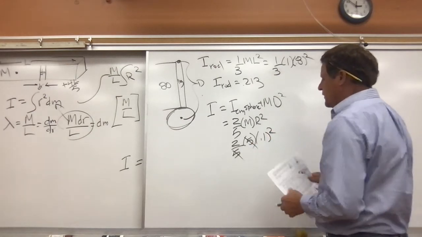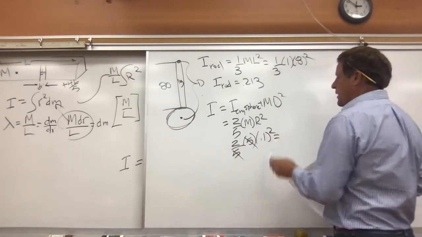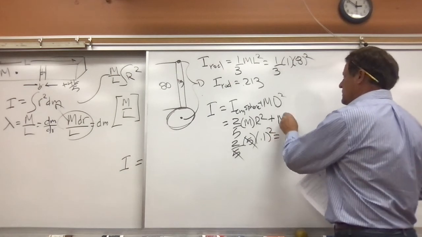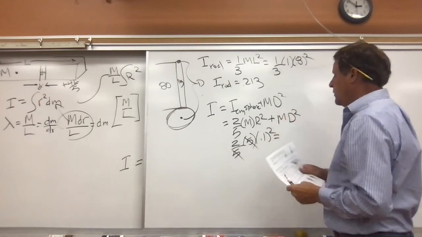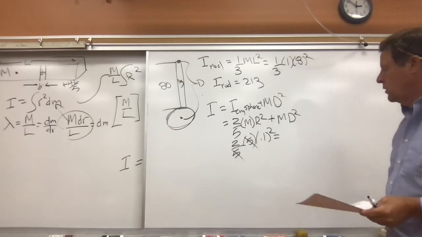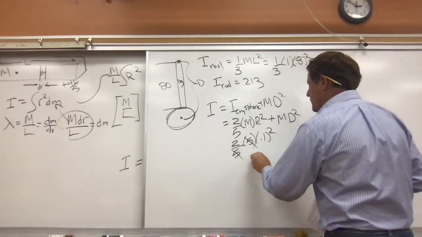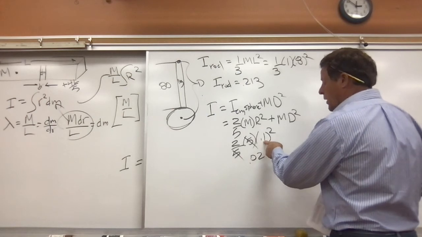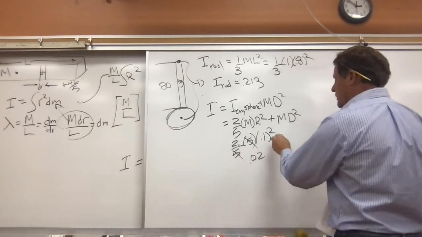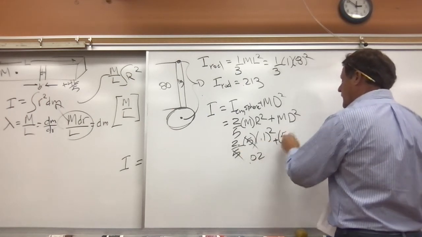Obviously the 5's cancel out, so this part of it is 0.02. 0.01 times 2 is 0.02.